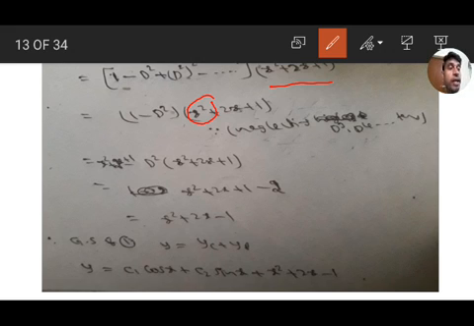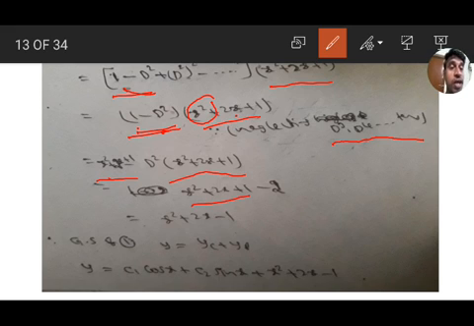We neglect the remaining higher order terms, d cube, d to the power of 4 and so on. So we get 1 minus d square, that is (1 minus d square) of x square plus 2x plus 1. So 1 into this, x square plus 2x plus 1, minus d square of this, x square plus 2x plus 1, where d square means second order derivative.